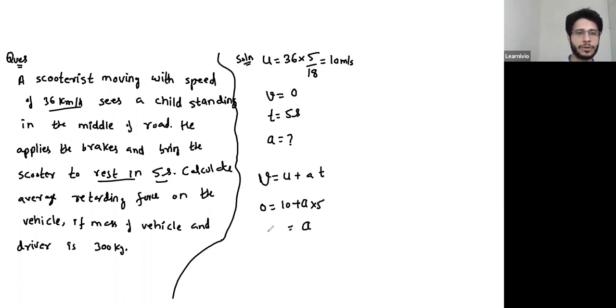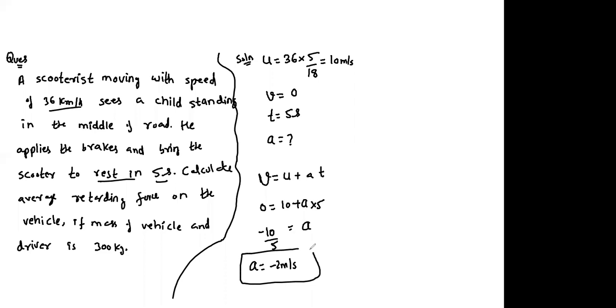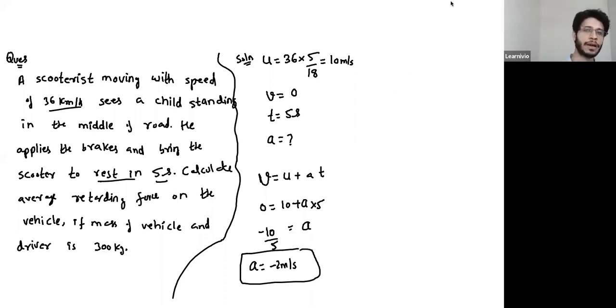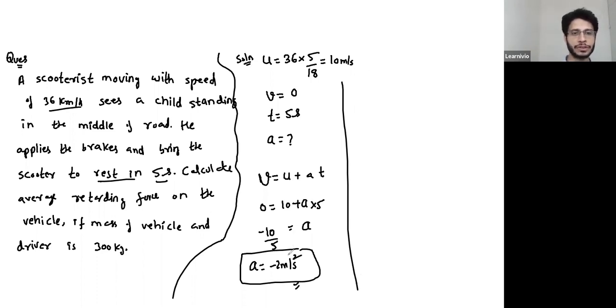So a is minus 10 by 5. You didn't convert this into meter per second? This is kilometer per hour, you have to convert this into meter per second. So this is acceleration, minus 2 meter per second square.